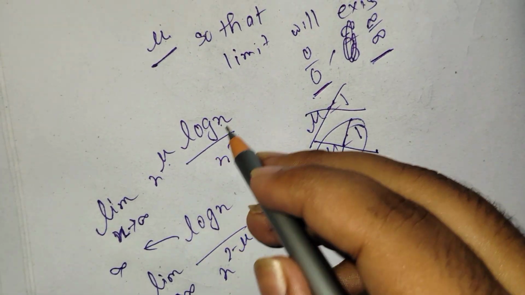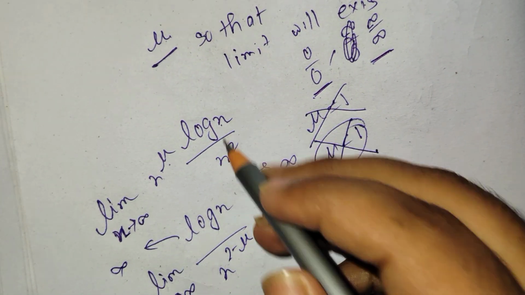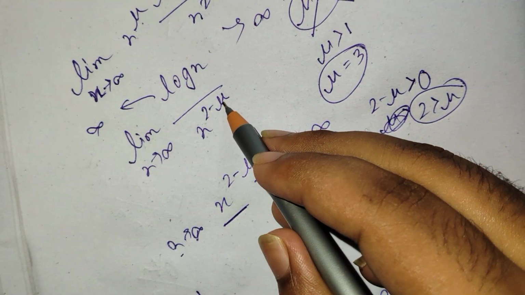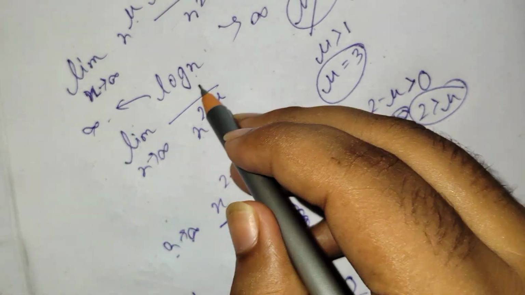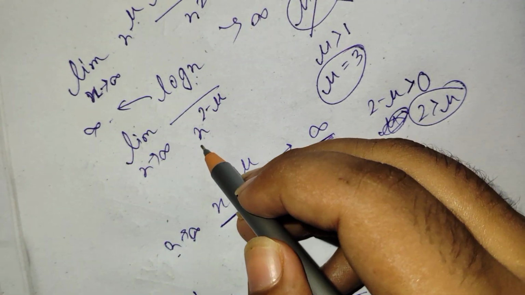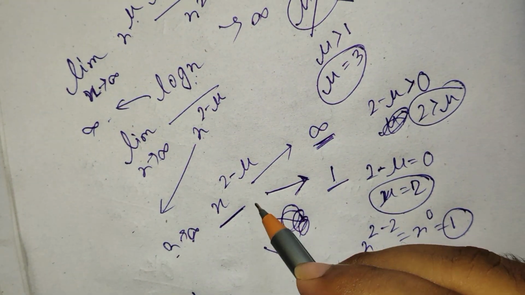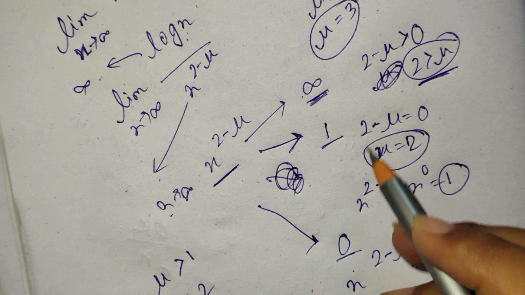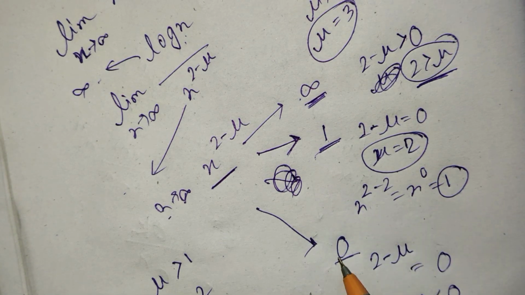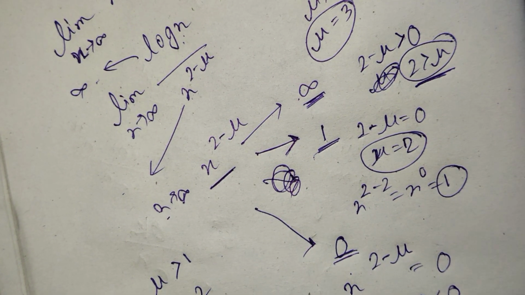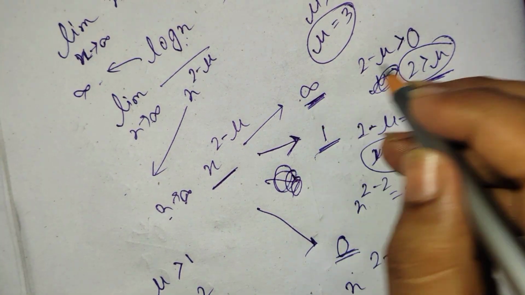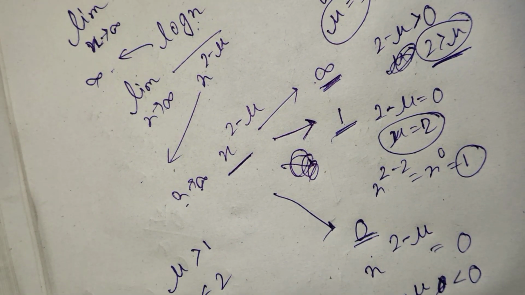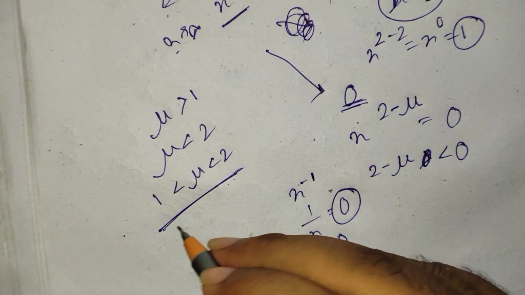In that case we can see the upper portion is infinity, x to the power 2 minus mu. Now the upper portion is infinity and we have to make the lower portion infinity. Now the lower portion will be infinity when this will happen. Otherwise in these two cases it will be 1 and it will be 0. Hopefully you can understand. And for making it infinity we have to choose mu which is greater than 1 but less than 2.